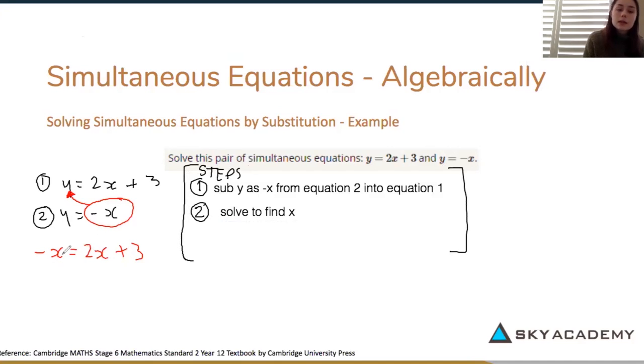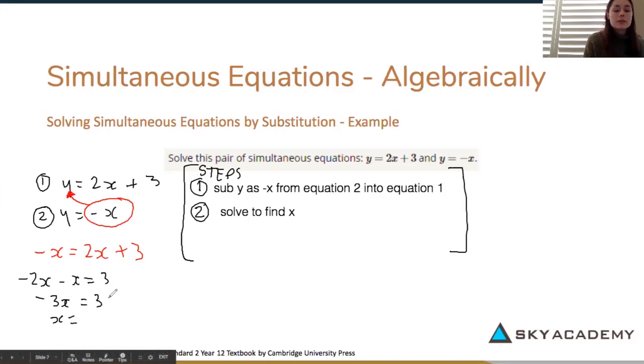So I'm going to have negative 2x minus x equals 3. So then that will leave me with negative 3x, because negative 2x minus x equals negative 3x, equals 3. Now I'm going to divide to get x by itself. So I want to take the negative 3 over and divide by negative 3. So 3 divided by negative 3 results in an answer of negative 1.